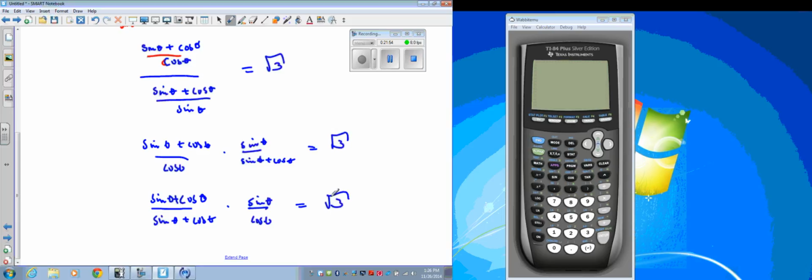Now, the problem is if I cancel these out and have tangent square root of 3, I lose part of my answer. And I kind of forget how I got to do that.